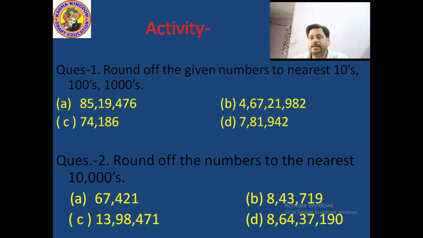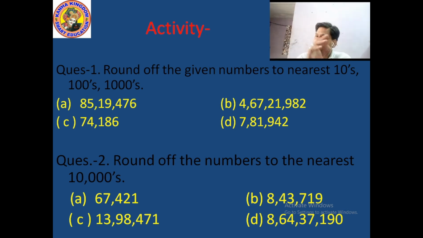In nearest 100, here also you check two digits, that is the tens place and the 100 place. Here are also two rules. If the tens place is less than 5, you just convert the tens place and ones place into 0. The 100 place remains the same, nothing is changeable.